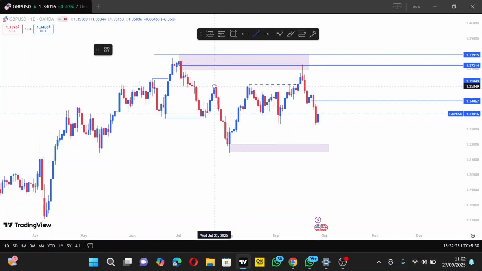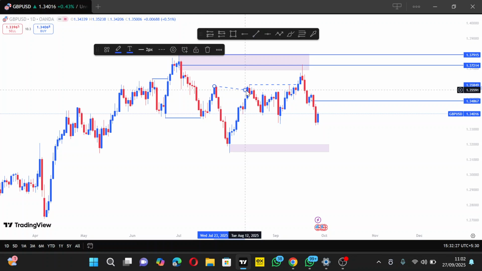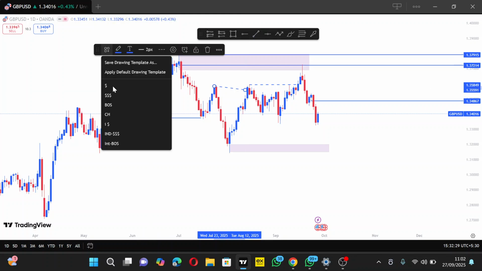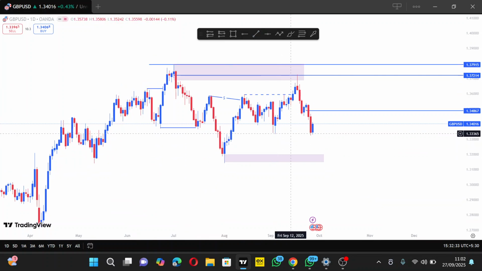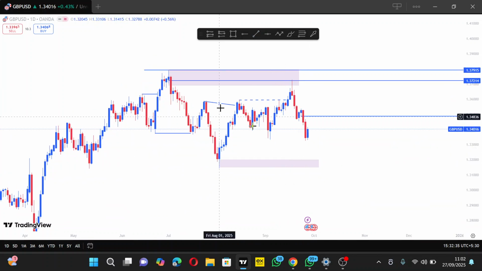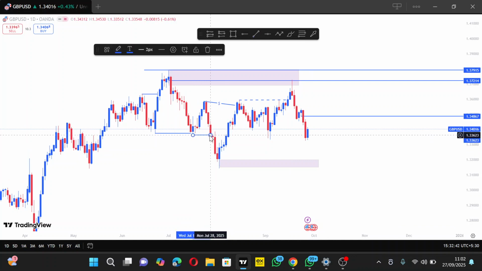This is liquidity. So as you can see, price swept liquidity, swept inducement, and tapped into our forward order block there before price sold off.